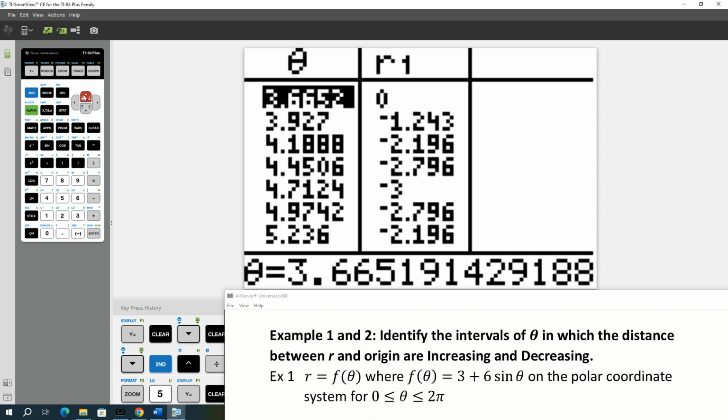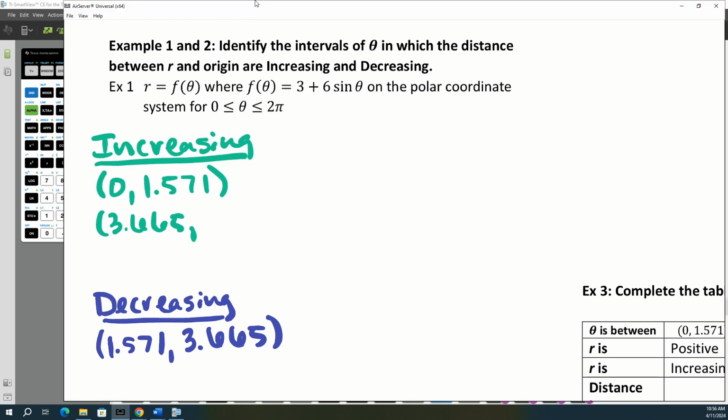Yeah, the 4 point. Just one point right here when r is negative 3, then r starts increasing. So that was 4.712. All right, so then I know we're going to have a change.